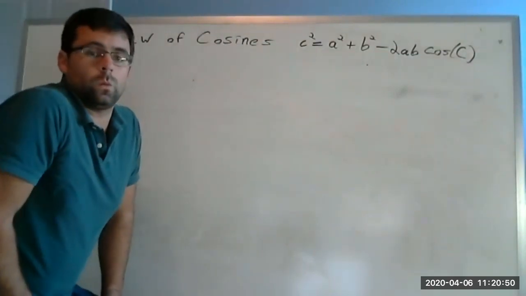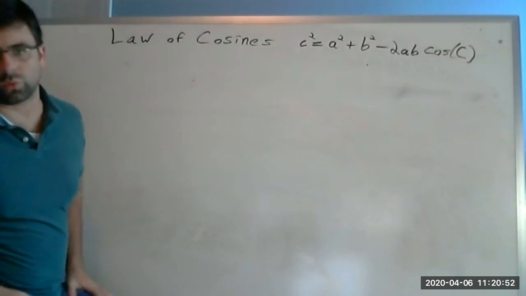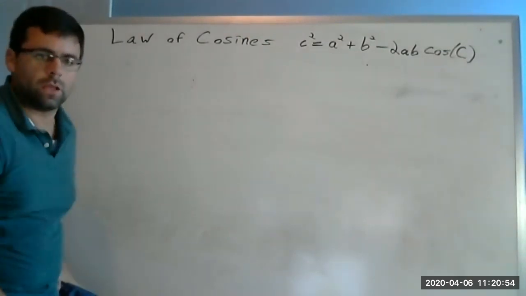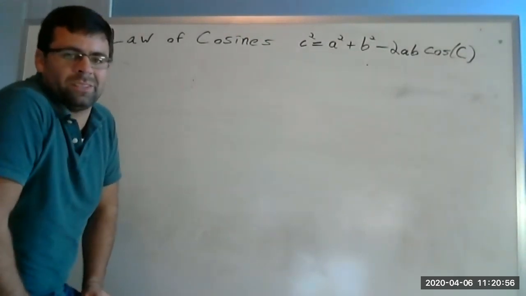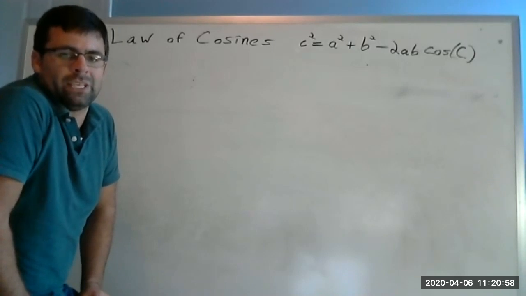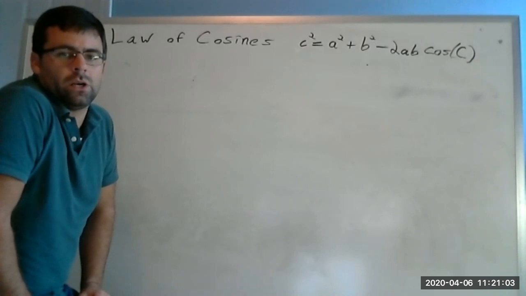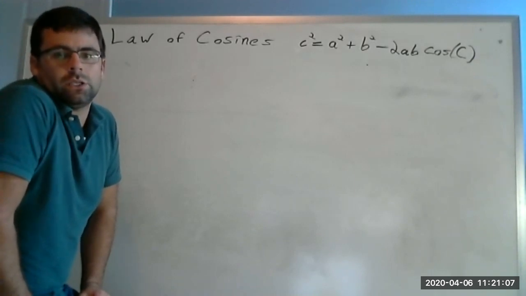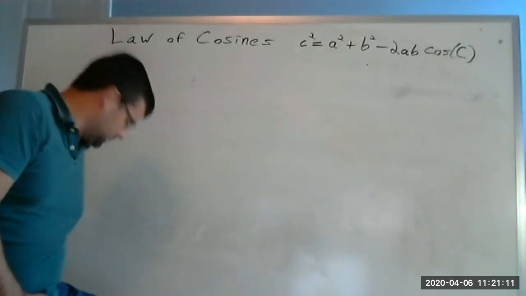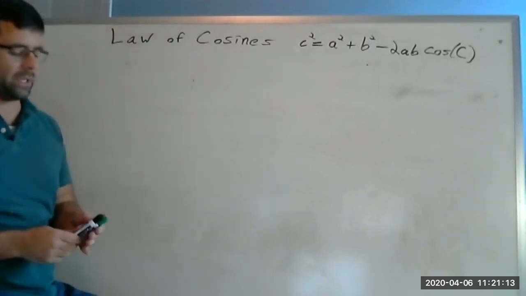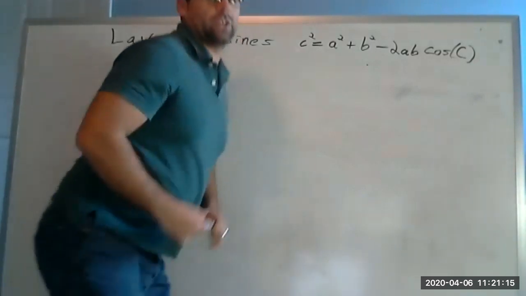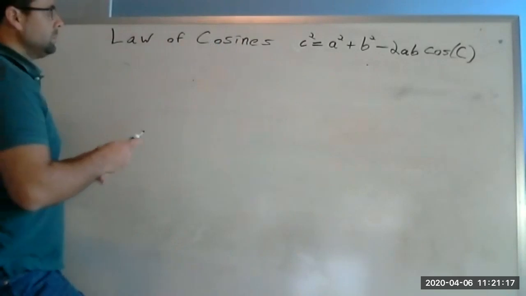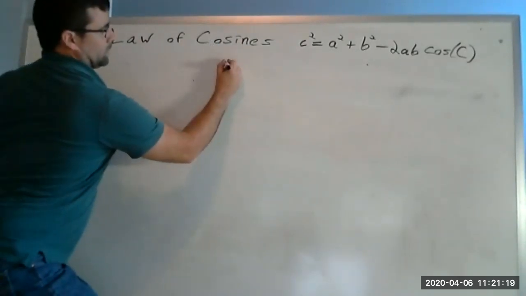So this is, I guess, a little bit more real world. The pitcher's mound on a women's softball field is 43 feet from home plate. The pitcher's mound is not halfway between home plate and second base. So let's draw this up.